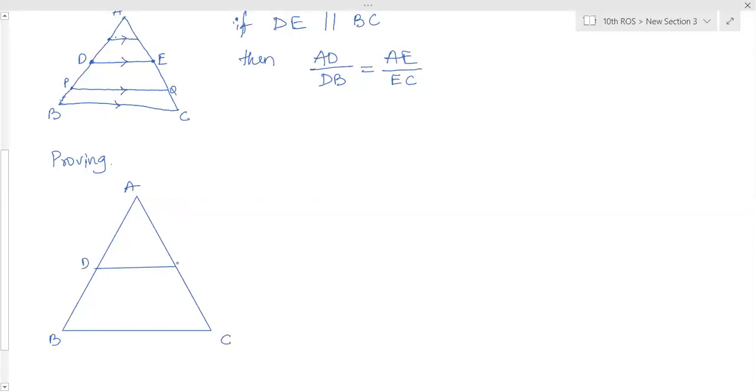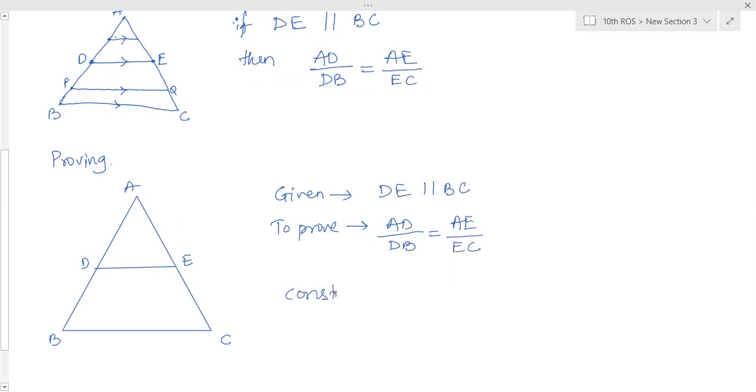This is point D, this is point E. Now what is given is DE parallel to BC. We have to prove AD by DB is equal to AE by EC.